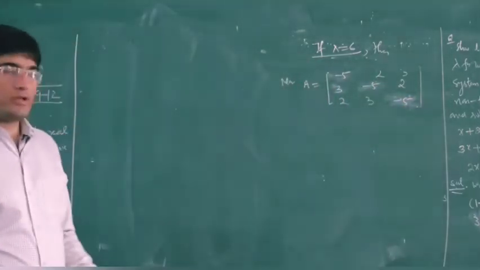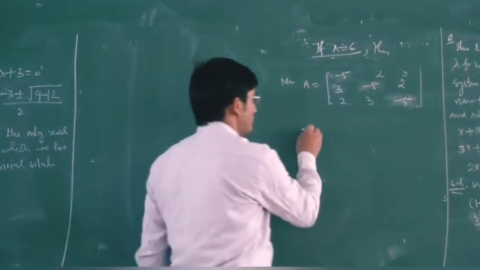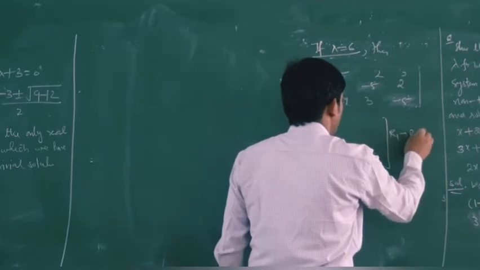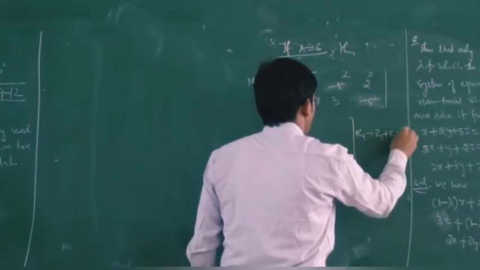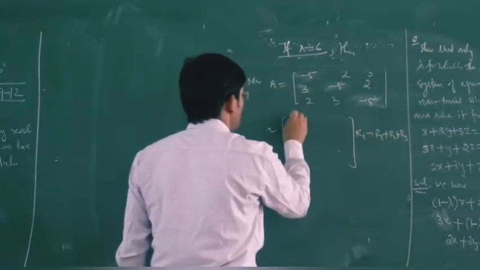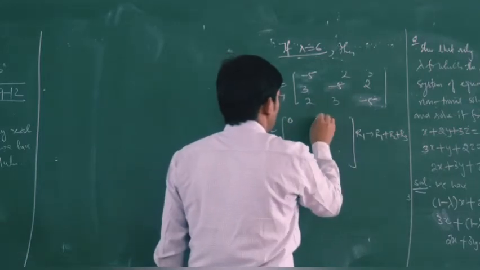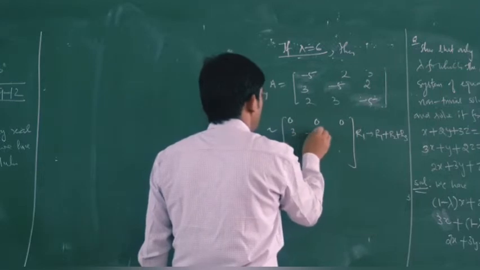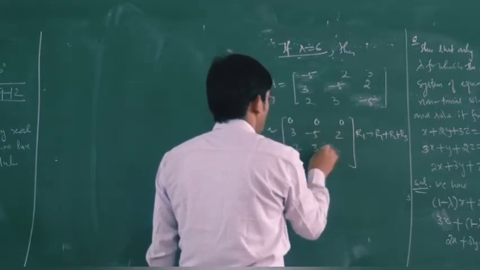Now let us find out the rank of this matrix, and so this is equivalent to, let us again have the operation R1 plus R2 plus R3 in R1, so this will be your 0, again this is your 0, and this is your 0, then we have 3, minus 5, 2; 2, 3, minus 5.